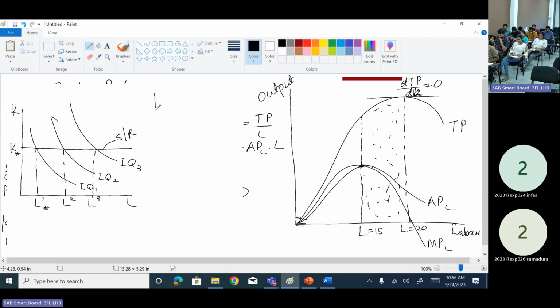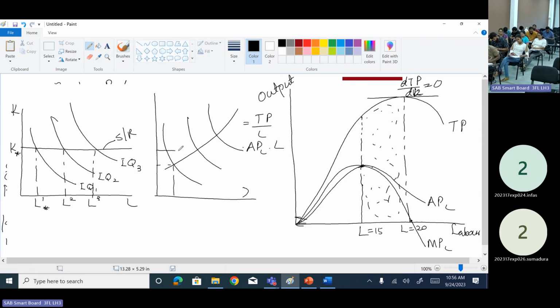In the long run, you reach a higher level of cost. We take these points where we can take different factor inputs for both labor and capital: K1, K2, K3 and L1, L2, L3.